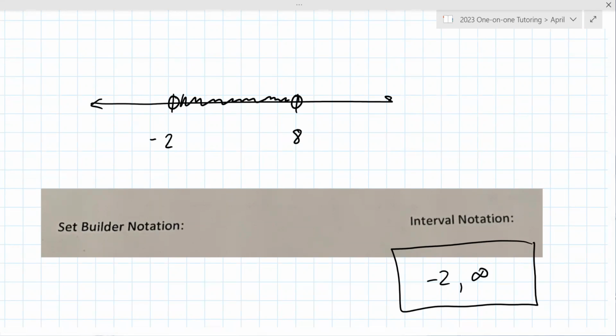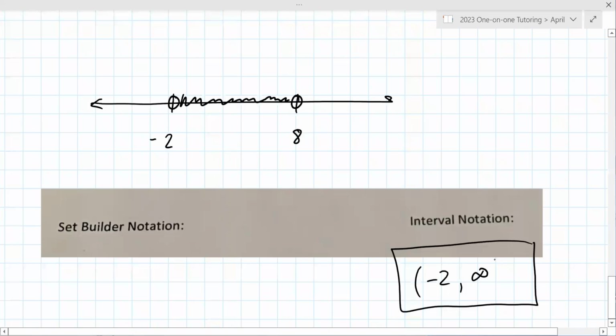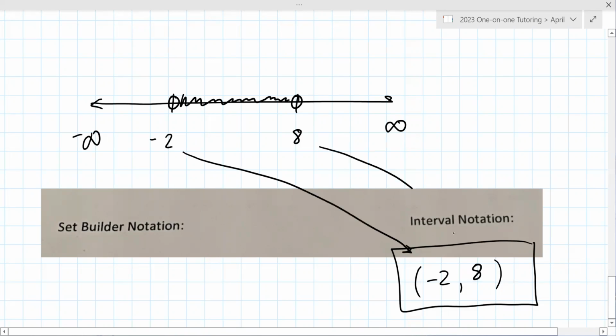Oh, would it be parentheses? You seem uncertain, but well, it's the circles, right? It is. But here's the thing. Here's infinity and there's negative infinity. Are you shading all the way to infinity? No, you're not. Only to 8. So that's the small little change, right? Yeah, both of these numbers right there.